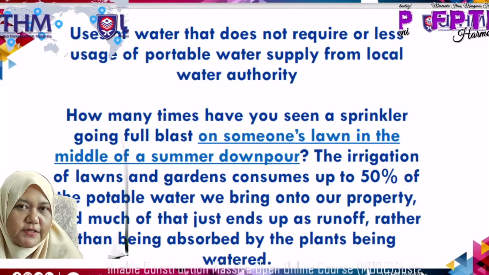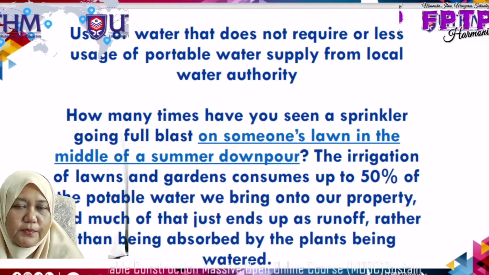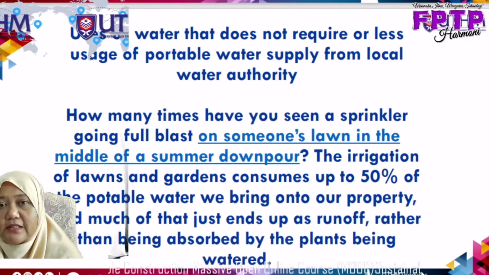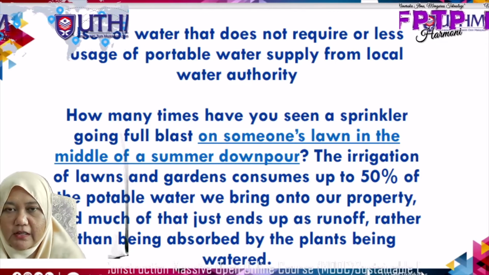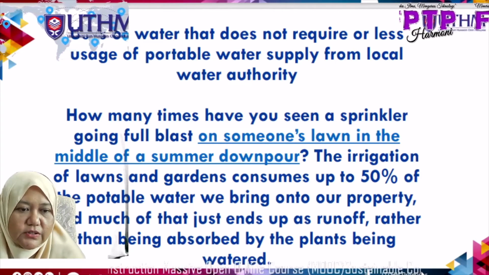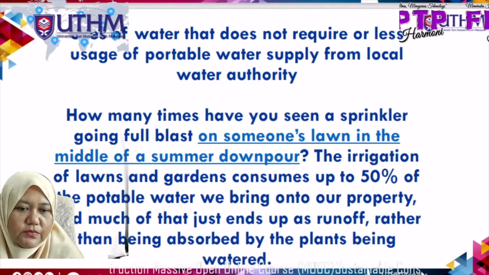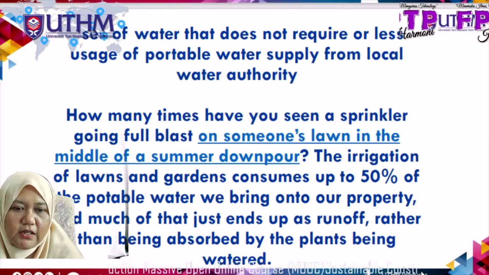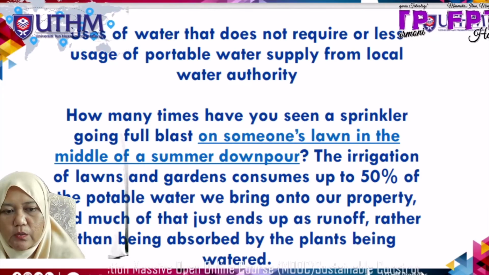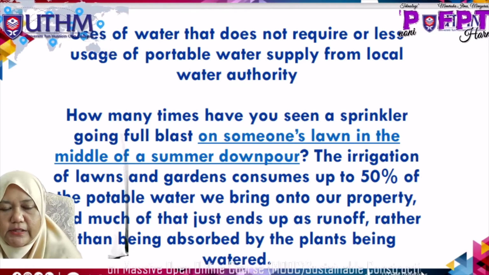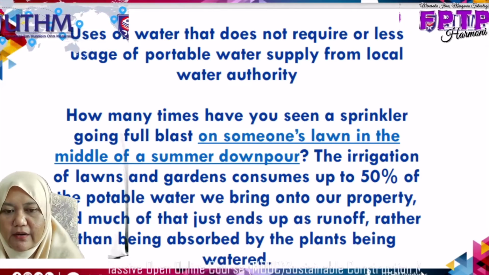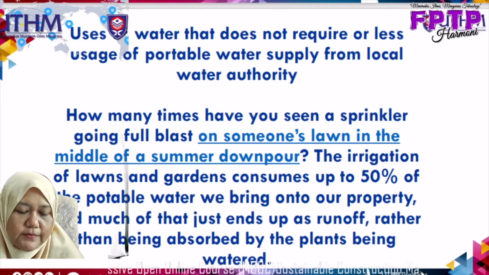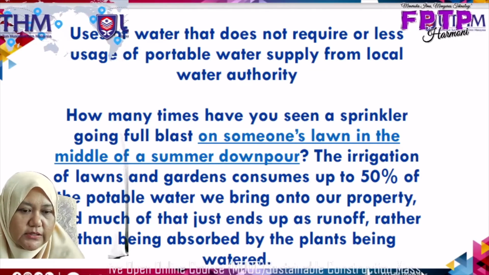How many times have you seen a sprinkler going full blast on someone's lawn in the middle of a summer downpour? The irrigation of lawns and gardens consumes up to 50% of the potable water we bring into our property, and much of that just ends up as runoff rather than being absorbed by the plants being watered.